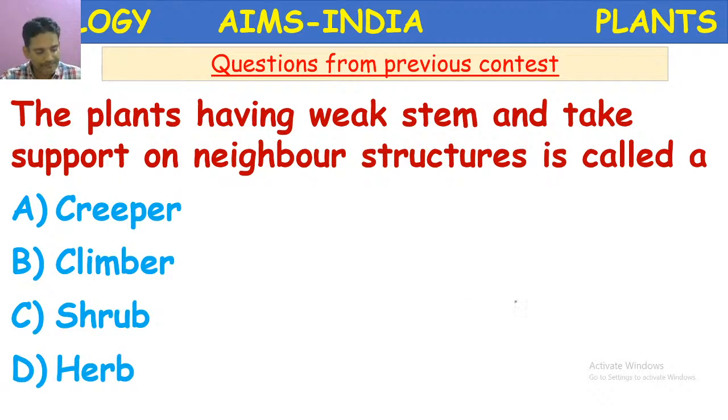Please answer. Plants having a weak stem and taking support on neighboring structures are called a, very good, climber. Can you give some examples? Pea, money plant, and beans.